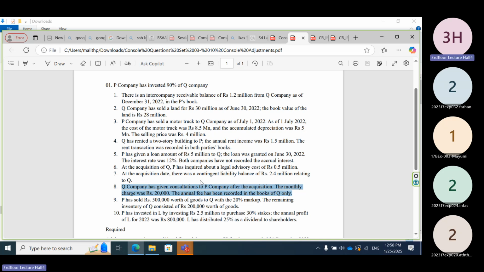Different transactions can happen within the group. This is not other income. This is not consultation service. This is about the core business of that entity, sales.